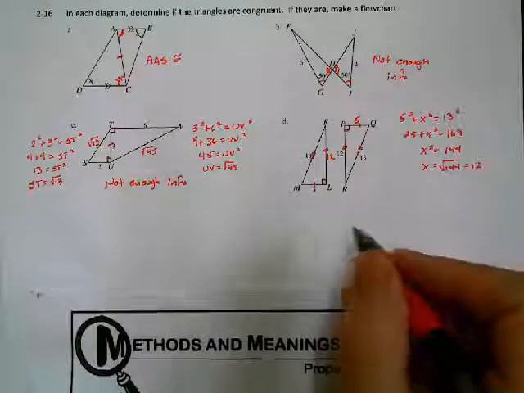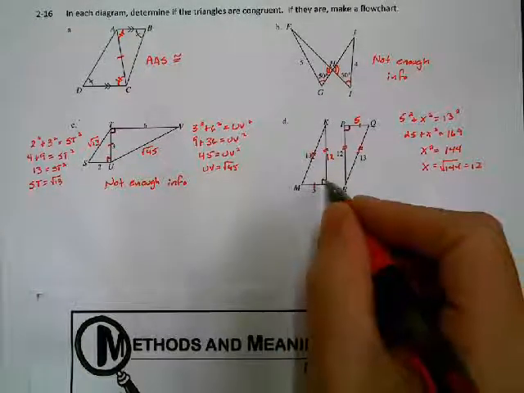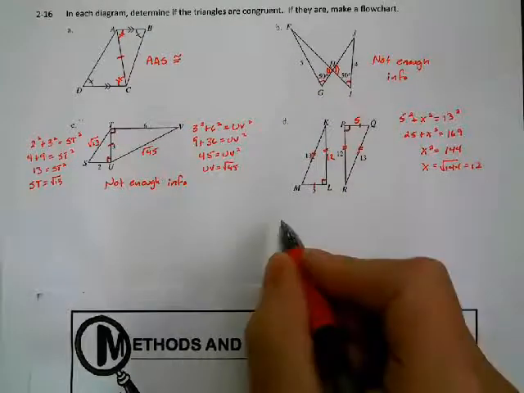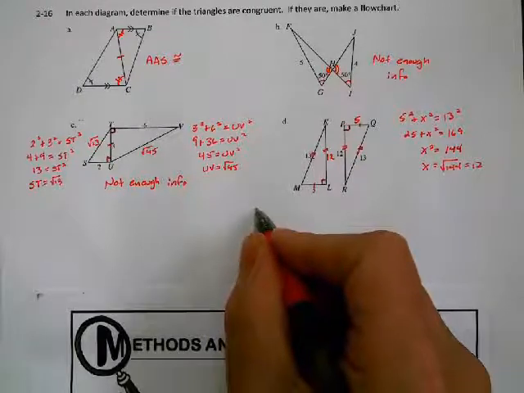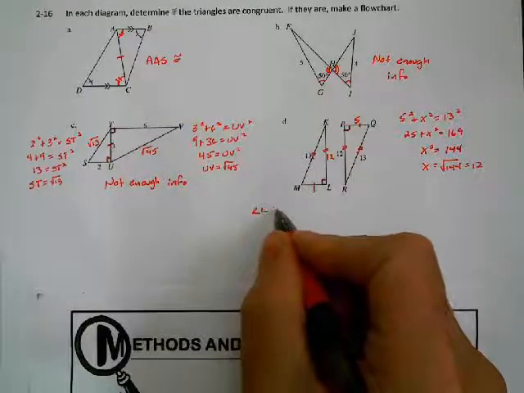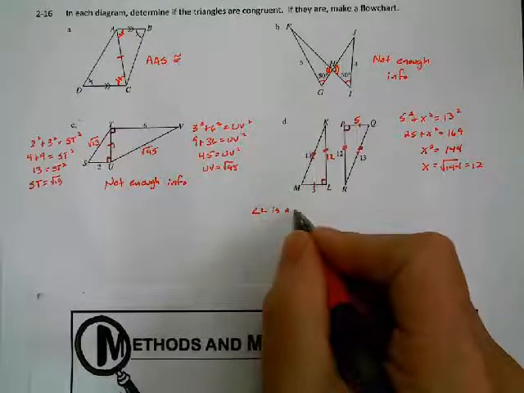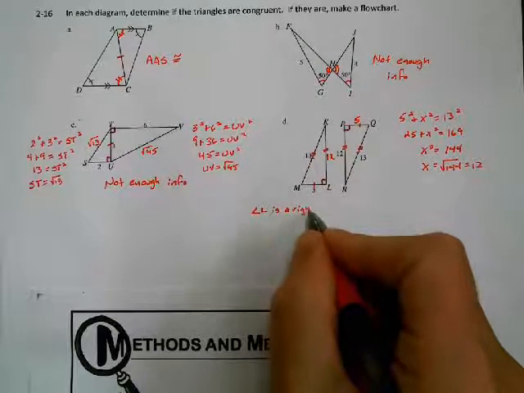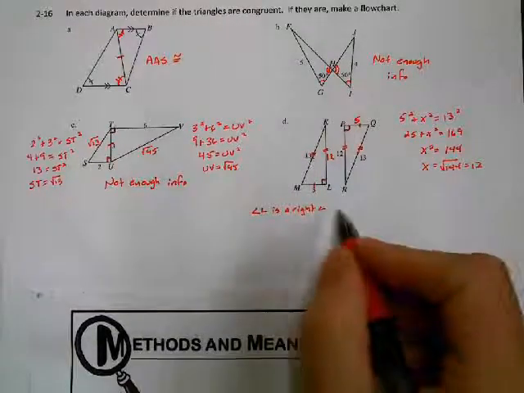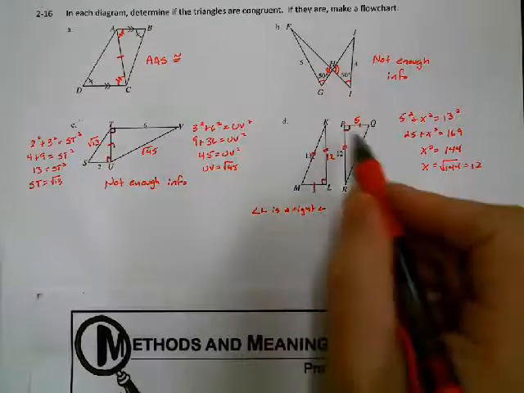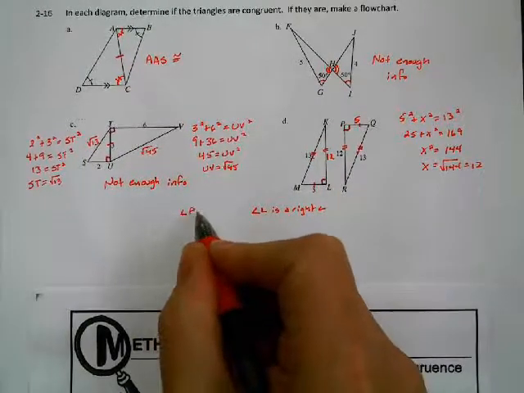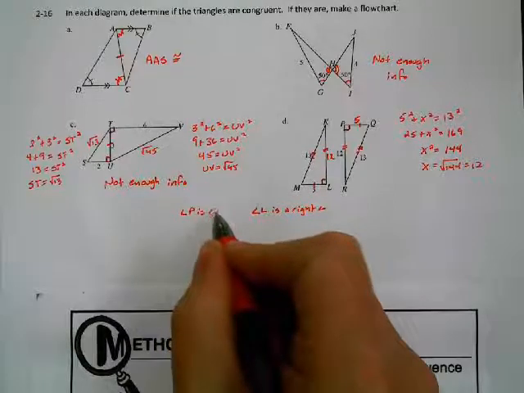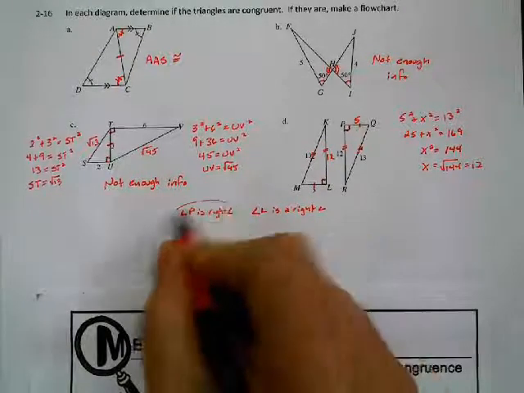So I'm going to start by saying that angle L is a right angle. And I also know that angle P is a right angle. All right, so those two things are going to help me prove congruence.